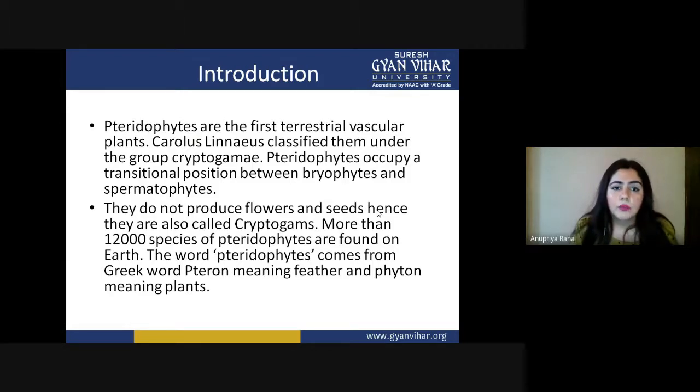In plant classification, we start with the Thallophyta. After Thallophyta, we have the Bryophyta. After Bryophyta, we get the Pteridophytes, and this is a linkage to the seed-forming plants like the gymnosperms. So they are in a transition position between the gymnosperms and Bryophytes.